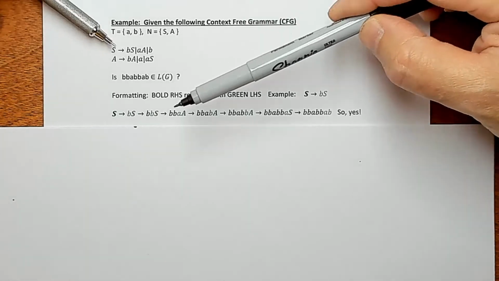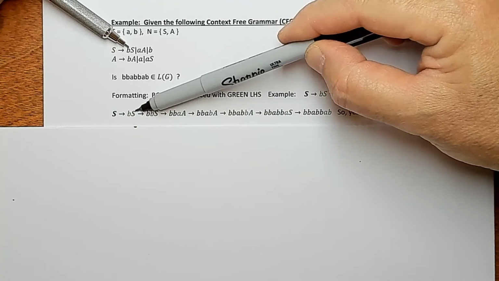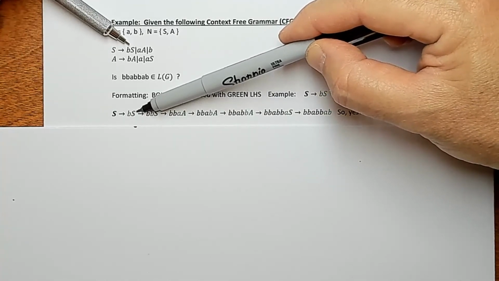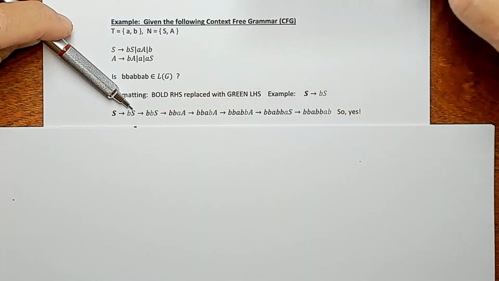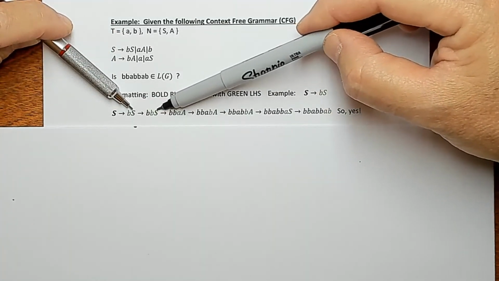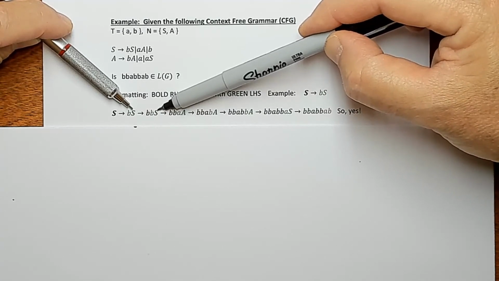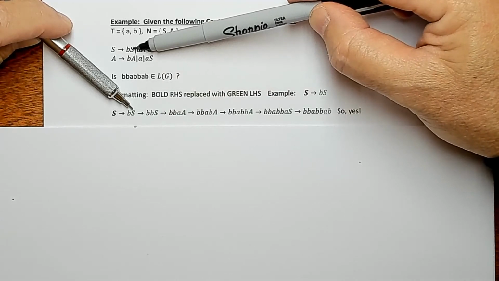I'm starting off with this first production. So S yields little bs. Big S is bold, and then bs is green. Then I'm taking this S, which I've made bold, and replacing it with bs again. So I've made this bs green. I just did this first production twice.